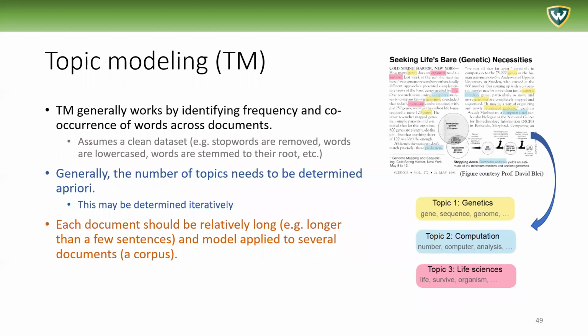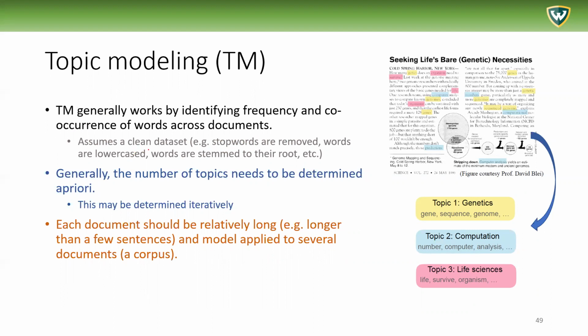Note that this assumes a clean and pre-processed data set, which we talk about. So things like stop words, or words that have less meaning for topics, such as articles or conjunctions and other parts of text, are removed.